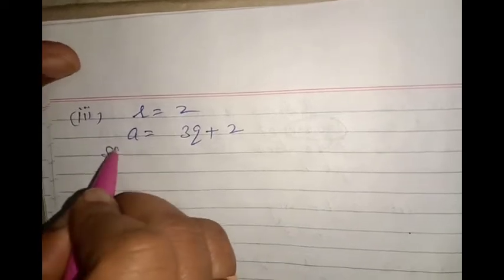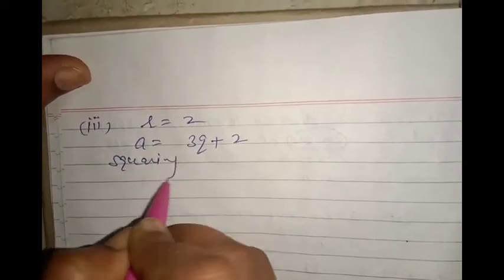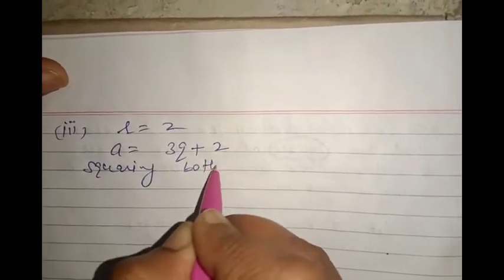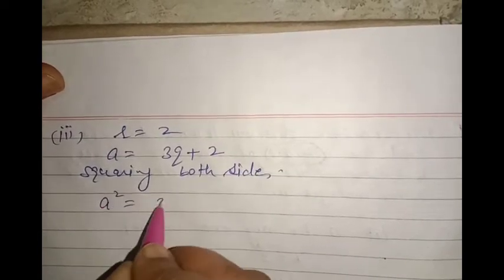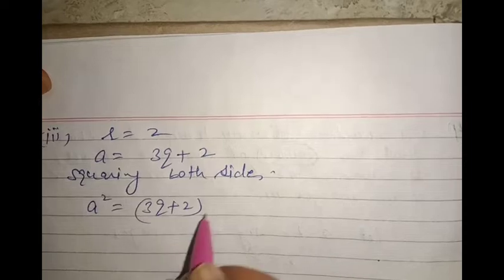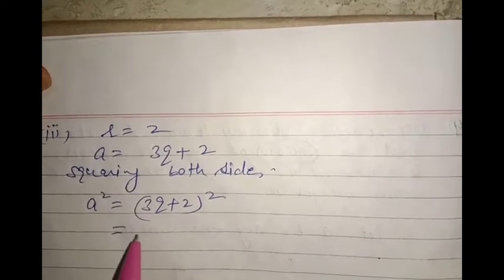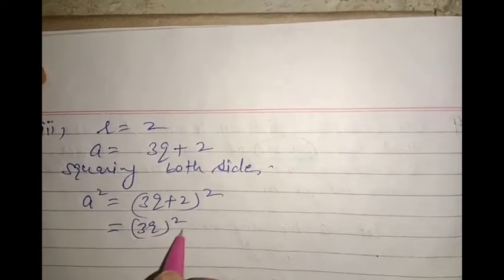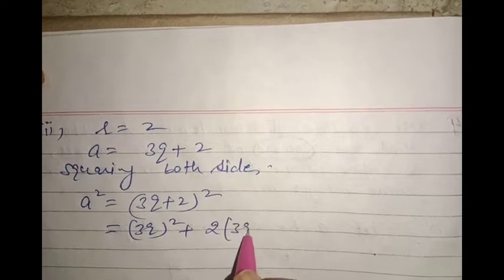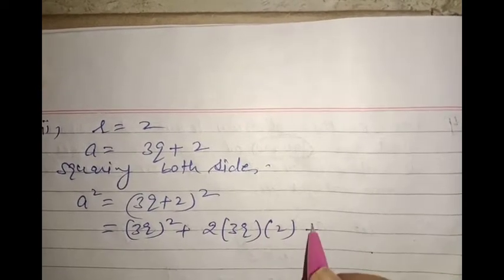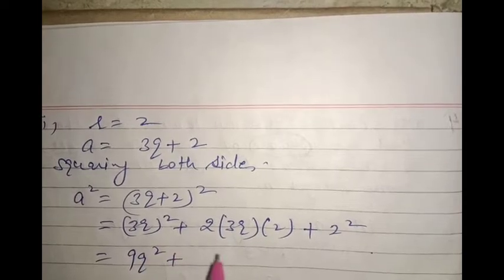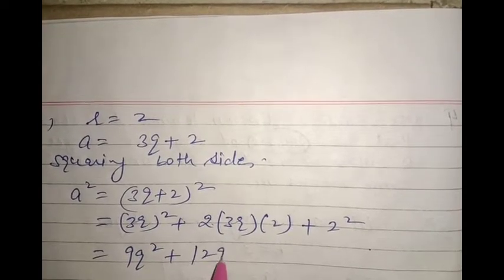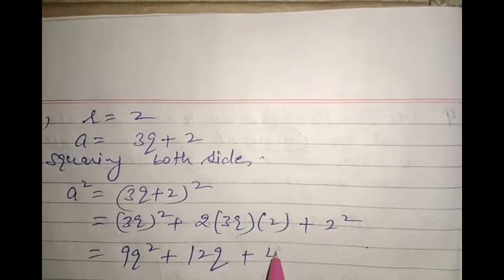Then again squaring both sides, we get a square is equal to 3q plus 2 whole square, which is again a square plus 2ab plus b square, which is equal to 9q square plus 12q plus 4.